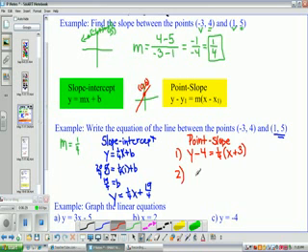And you're done. Your other possible answer is y minus 5 equals 1/4 times x minus 1. Now both of those are equivalent equations. Both will work. It doesn't matter which one you do. If you were to distribute the 1/4 and then add those y values to the other side, you will get slope-intercept form.